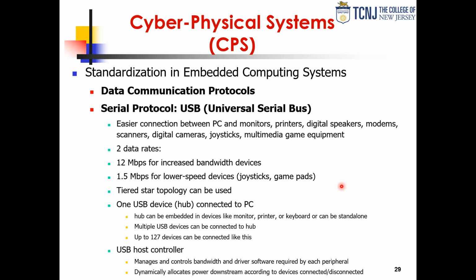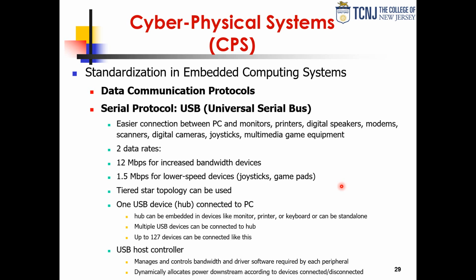So USB has emerged as a very widely adopted serial bus. It's a sophisticated serial bus that allows us to put together a star topology. It allows for three types of actors: a host, in this case you can envision a PC, a processor of some kind, and you also can have a hub.